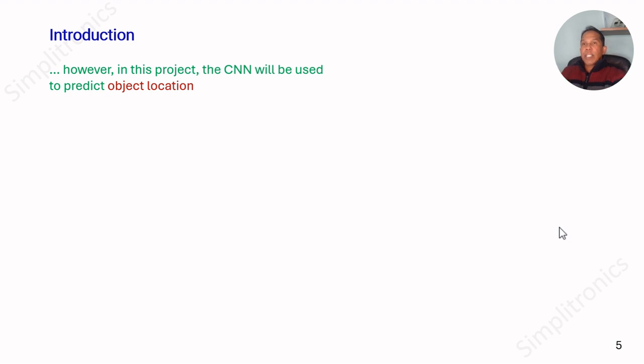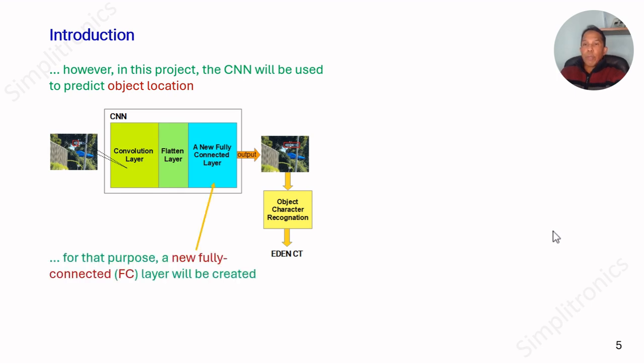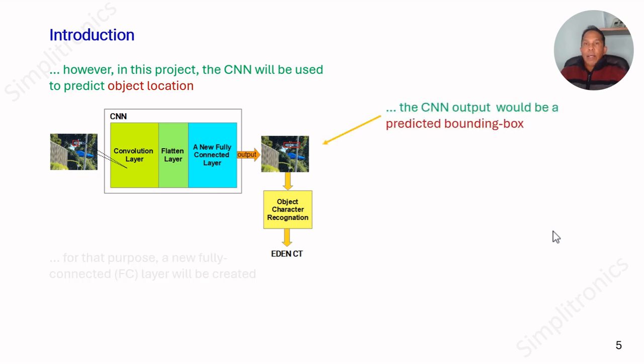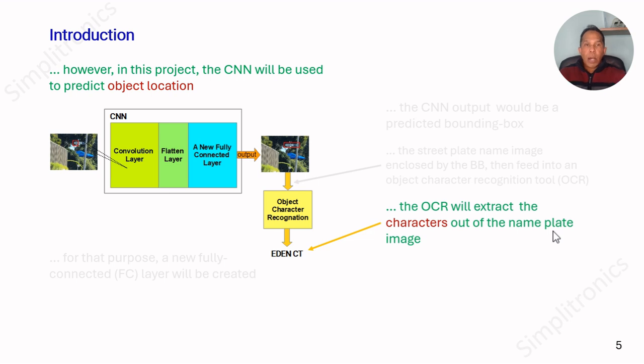However, in this project, the CNN will be used to predict object location. For that purpose, a new fully connected layer will be created, and the CNN output would be a predicted bounding box. The street nameplate image enclosed by the bounding box is then fed into an optical character recognition tool, or OCR. The OCR will extract the characters out of the nameplate image.